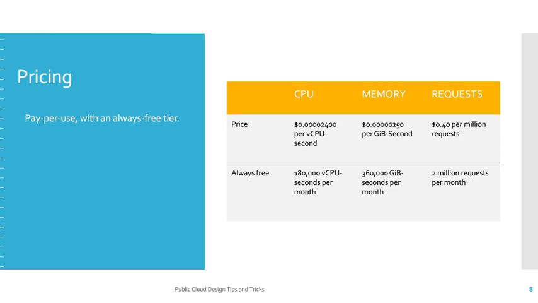In the always-free tier, you will get 180,000 vCPU-seconds per month, 360,000 GiB-seconds of memory per month, and 2 million requests per month. With the paid tier, you pay 0.40 dollars per million requests per month. So those are the two pricing tiers available with Google Cloud Run with Anthos.